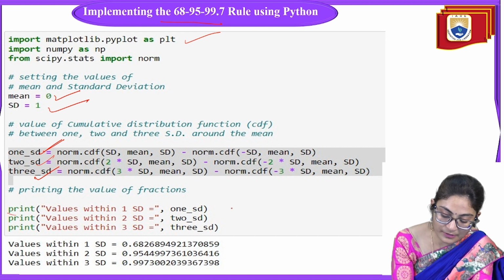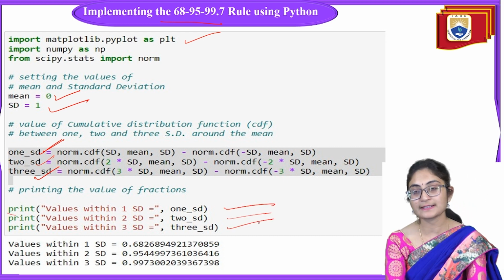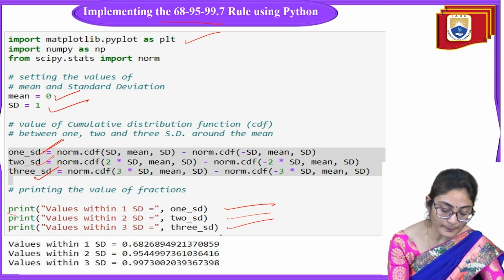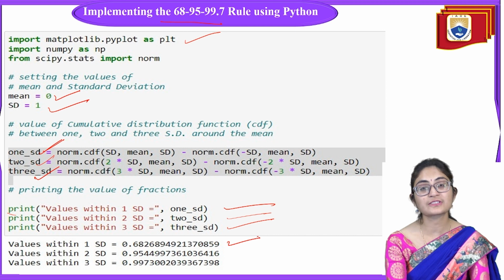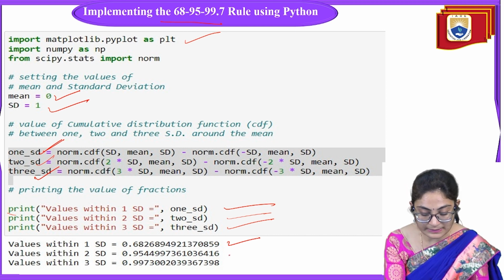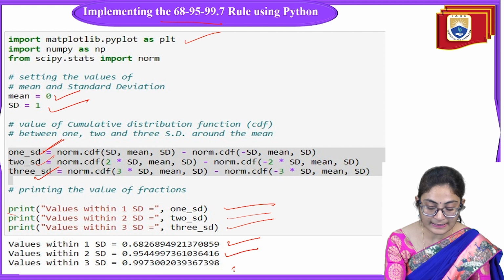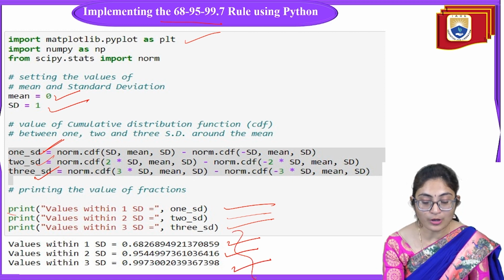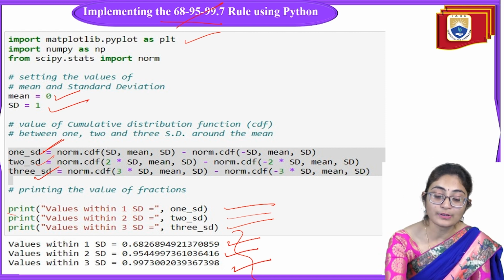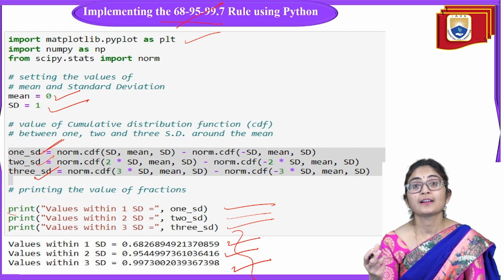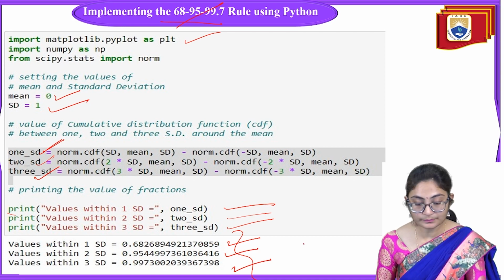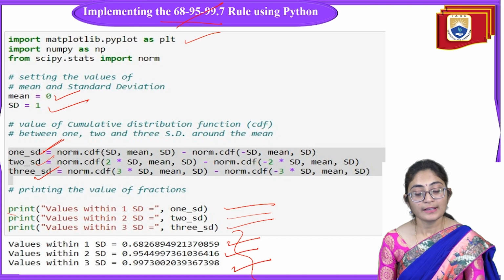When you execute these things, you will get 1 standard deviation as 0.68, 2 standard deviation 0.95 and 3 standard deviation 0.997. So definitely on this basis you can get these values and you can check and implement your 68, 95 and 99.7 rule. This is all about the empirical rule.